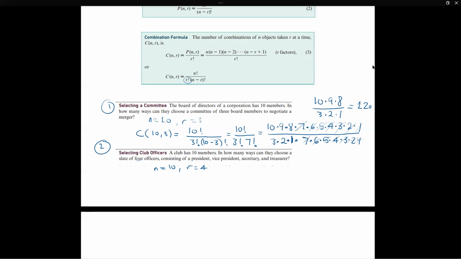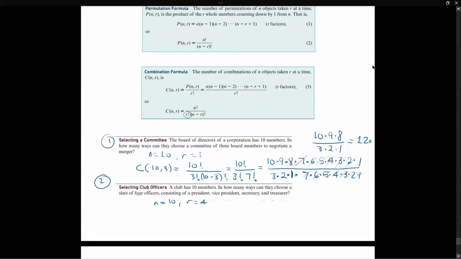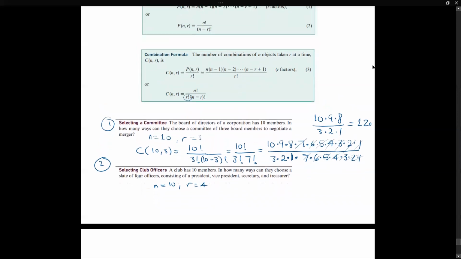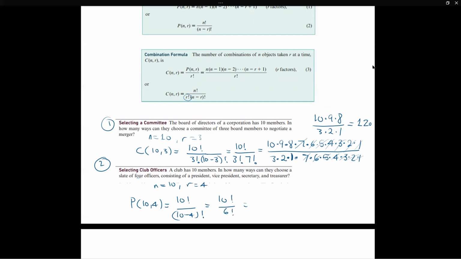In this case, we're going to use the permutation formula, which, once you've used the combination formula, is even easier. P(10,4) is 10 factorial over 10 minus 4 factorial, which is 10 factorial over 6 factorial. Once I get down to 6 factorial in the numerator, it matches the bottom, so I can show you the shortcut and simplify.